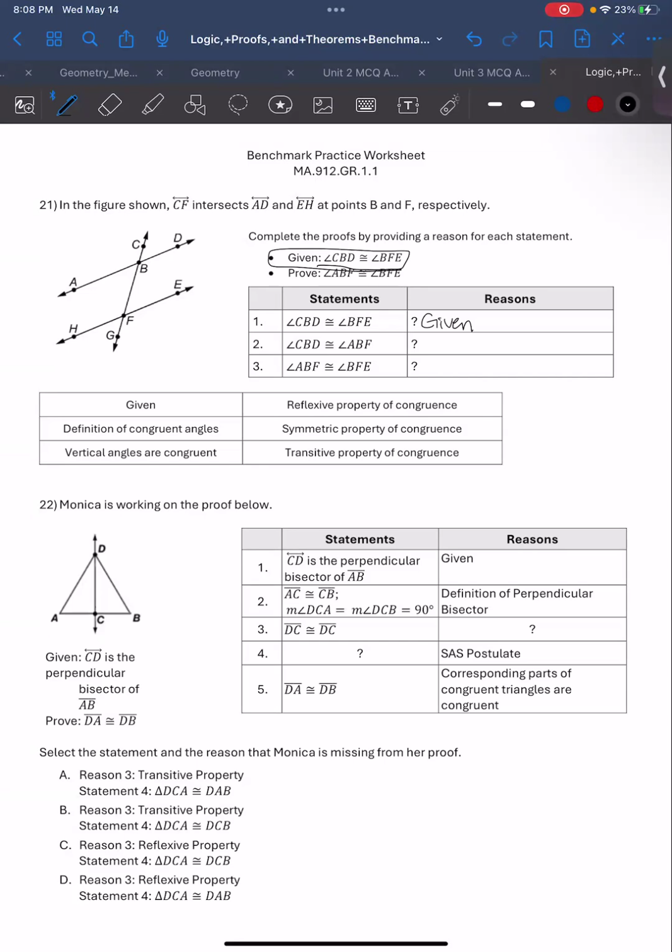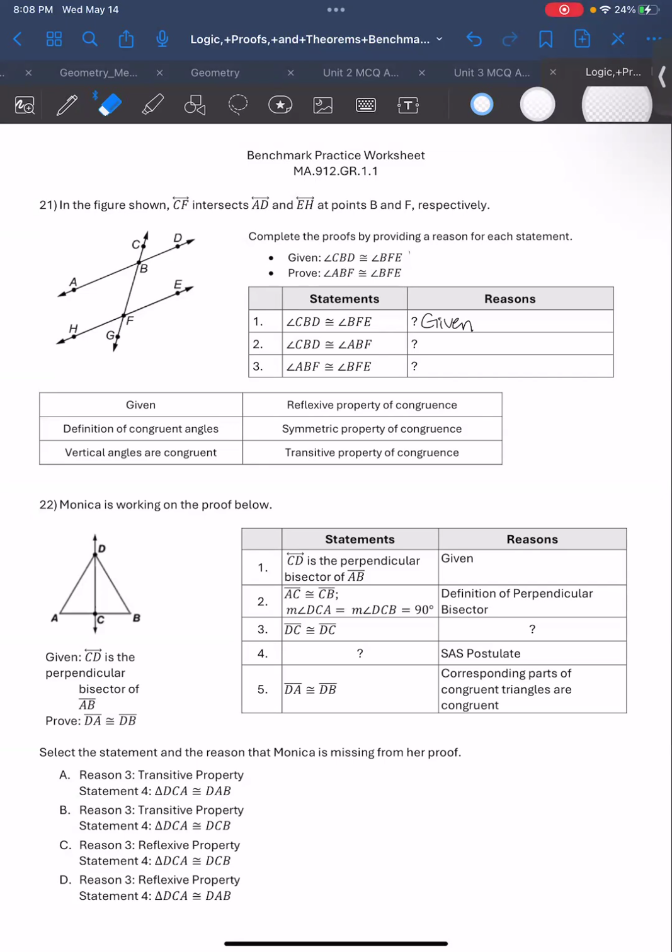Wait, how do you know if it's given? Like, it tells you. It says that you're given. So it would either say given, like how we have it here, where it's given, prove.